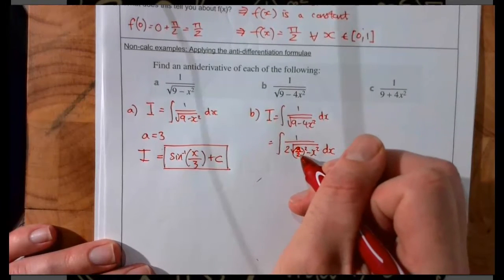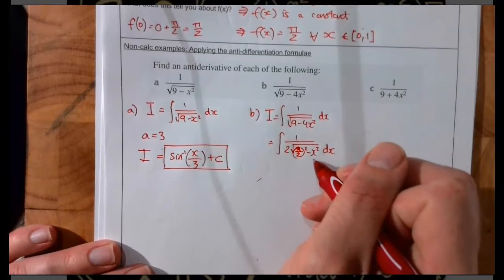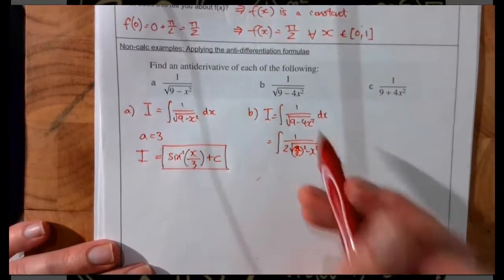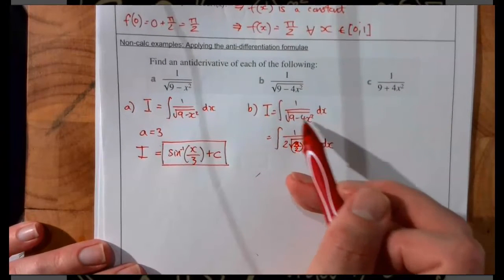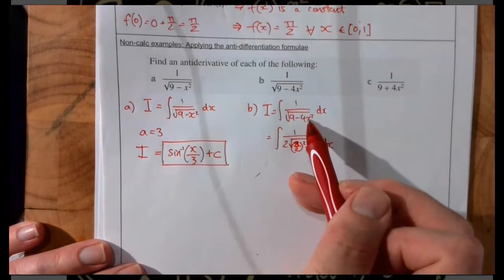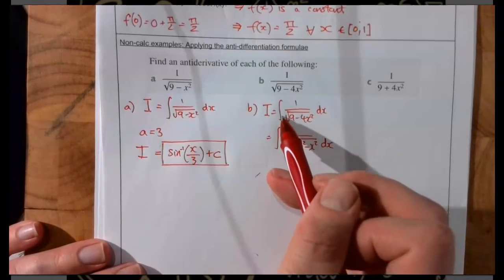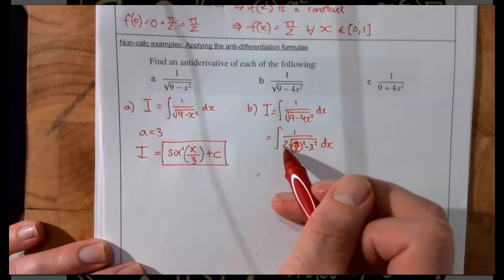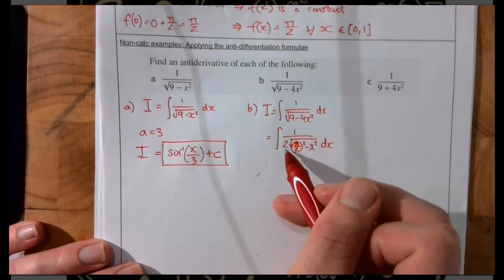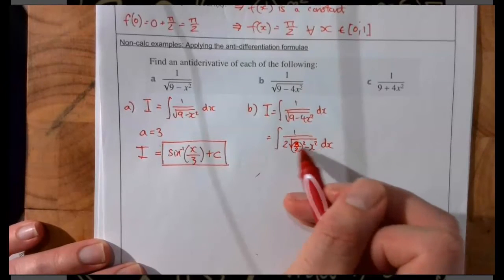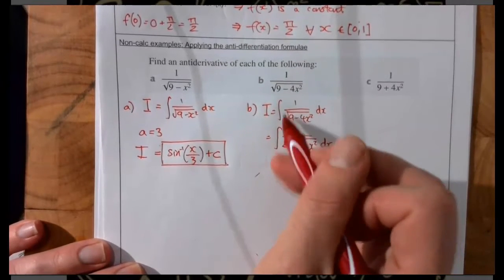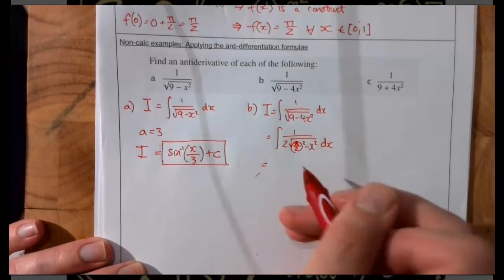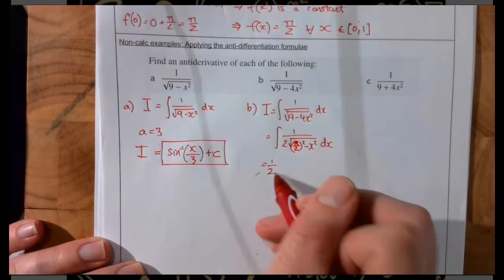This says 3 over 2 squared minus x squared. So you can have a look at this, but because I basically divided both these terms by 4, and then because I brought the 4 outside the square root, it becomes 2. So if I bring this 2 back inside the square root, that's going to involve multiplying both terms by 4, and I'm going to get the same result that I had here. So you could have a think about this yourself, but this is correct.